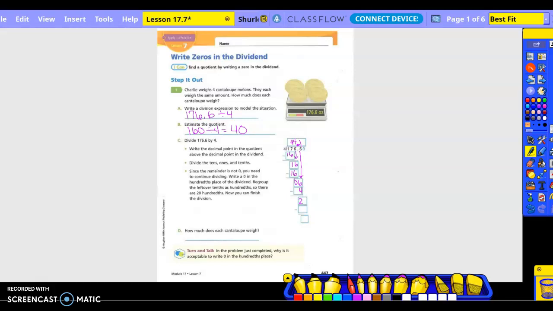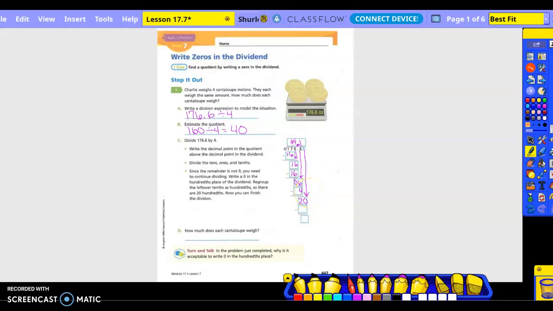Now, we know when we have decimals, we can't just write 44.1 remainder 4, right? Doesn't work that way. But we can add a what? A 0, because it's just holding a spot at the end, right? We can add a 0 to the end after the decimal, just to get a couple more places to work out to. So they added the 0 already for us.